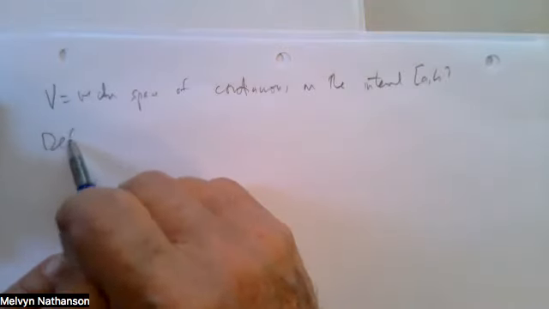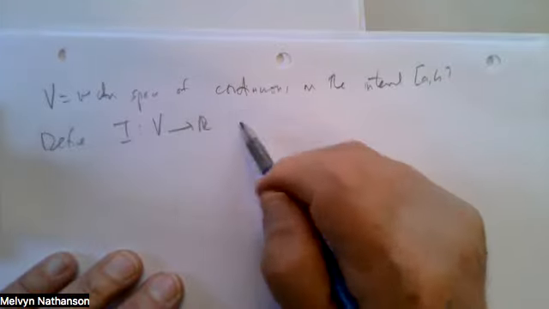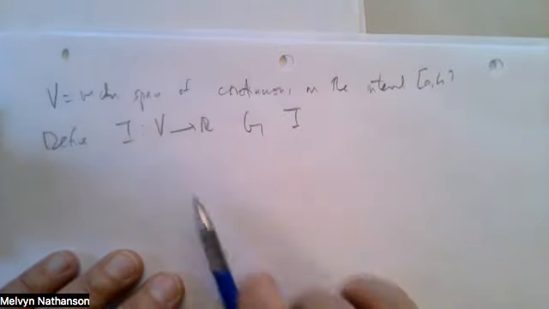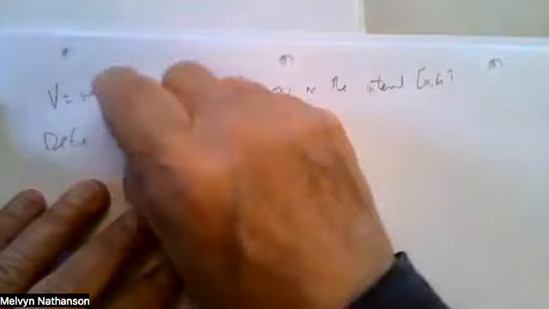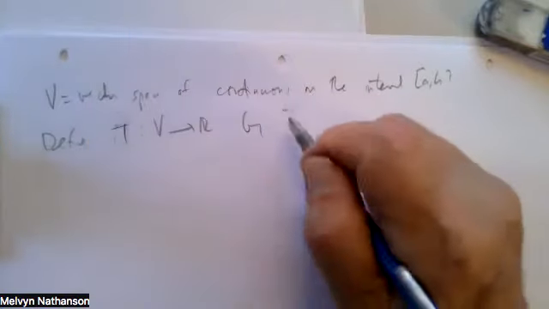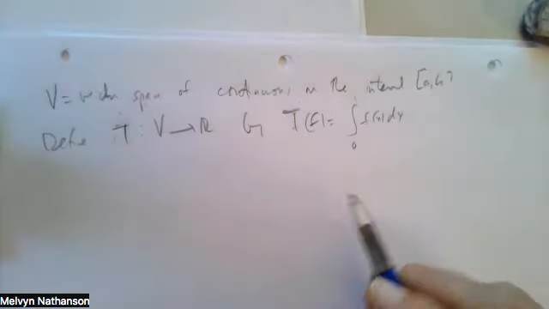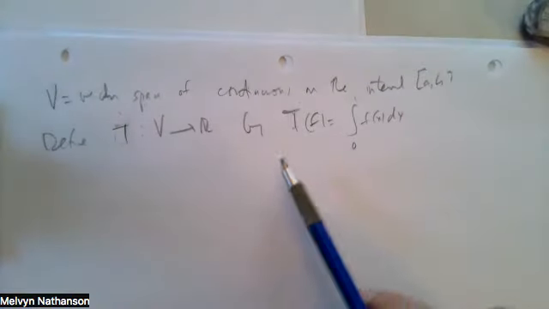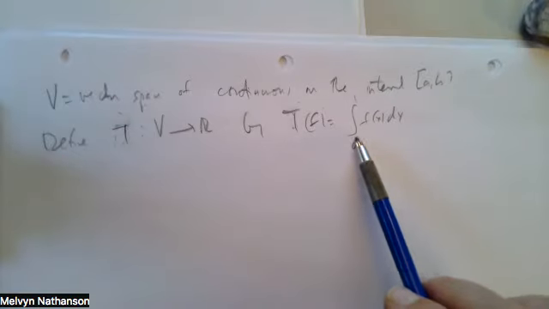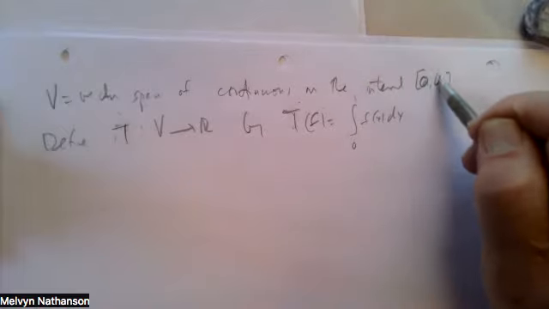And we define a function from V to R, I'll call it T, because I sounds like the identity. T from V to R, by T of a function f is the integral from 0 to 1 of f of x dx. So you take a function, you do the definite integral from 0 to 1. f is continuous. Make this the interval from 0 to 1.